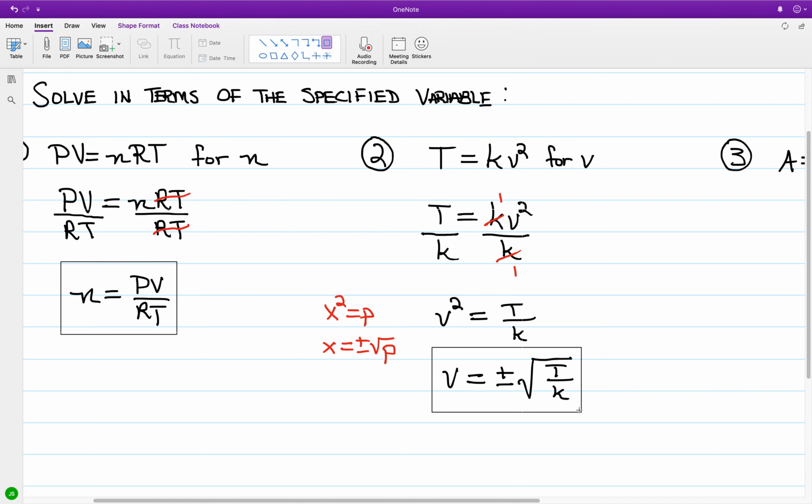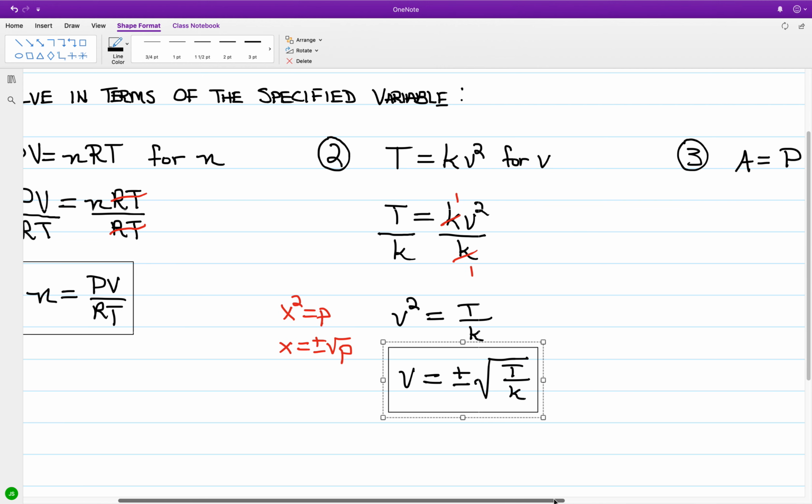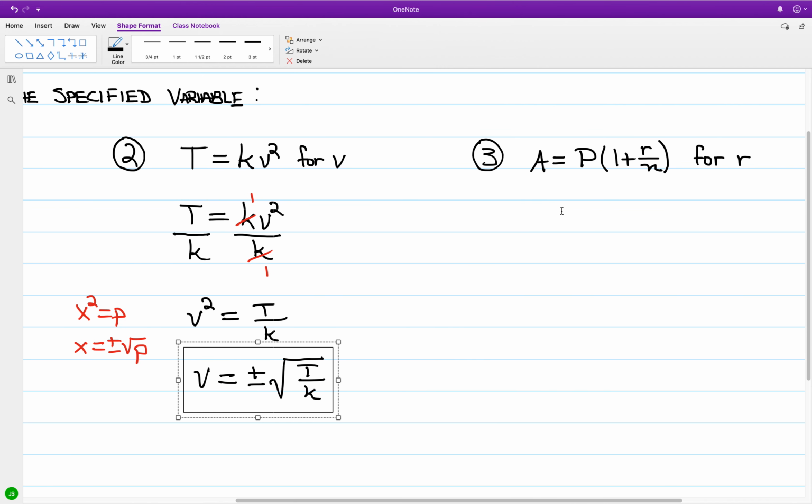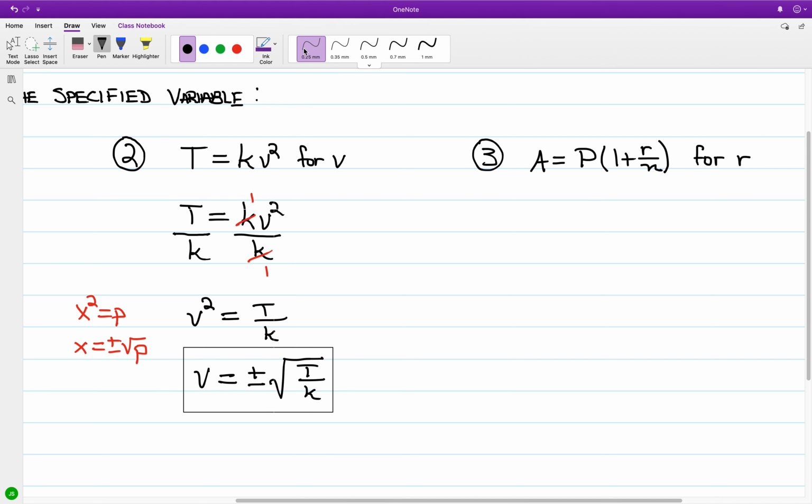For the next one, we have a little more application. We have a little variation of the compound interest formula, in annual terms, where the frequency of compounding is annually. If I express this formula in terms of the variable r, we have a bit of a task, and I can free up the r expression first of all if I distribute P. So you have P plus P times r over n.